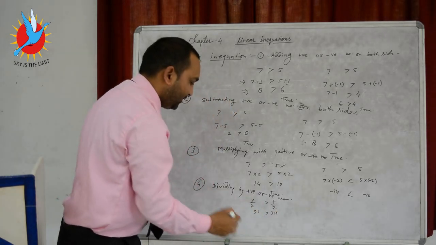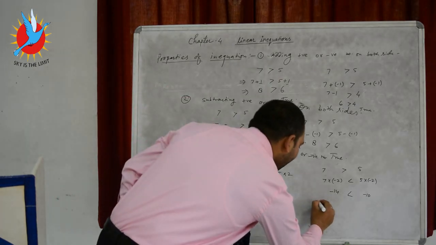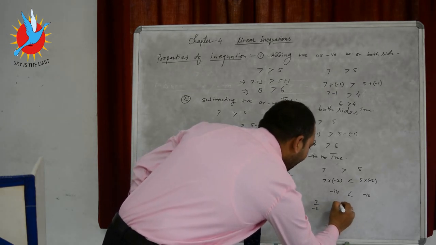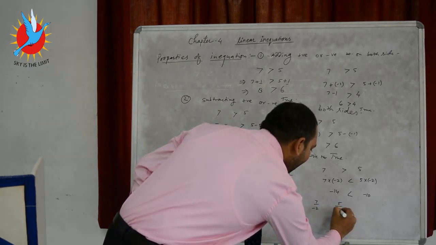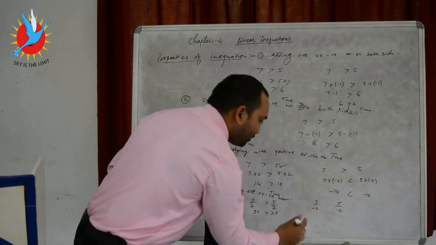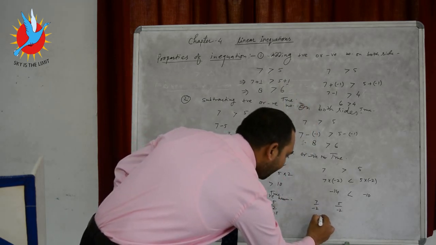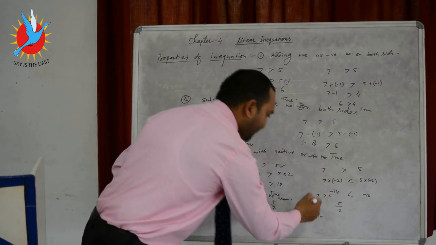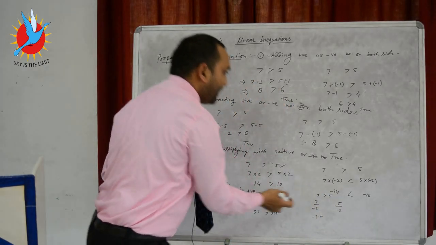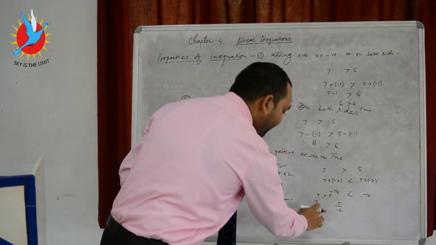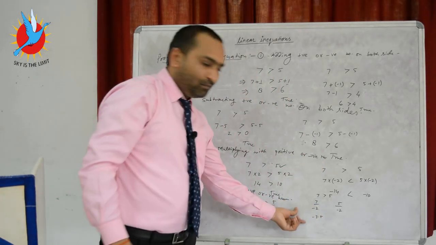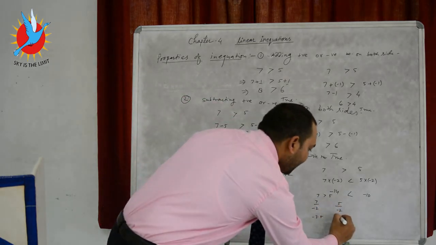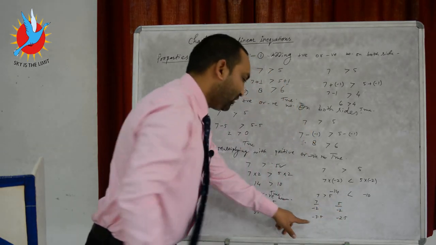The inequality does not change. But now divide 7 and 5 by minus 2. 7 by minus 2 is minus 3.5, and 5 by minus 2 is minus 2.5. Initially 7 is greater than 5, and when we divide by minus 2, we get minus 3.5 and minus 2.5. So in this case the inequality changes.